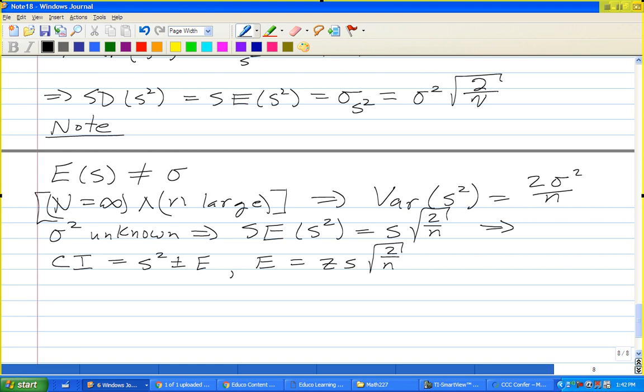Okay. Now, the best point estimate for the population variance is the sample variance.